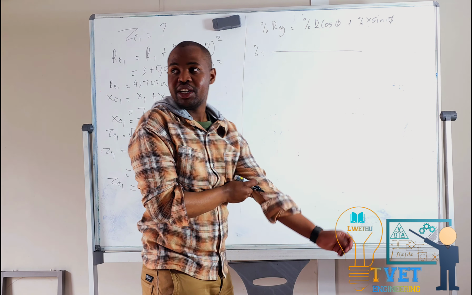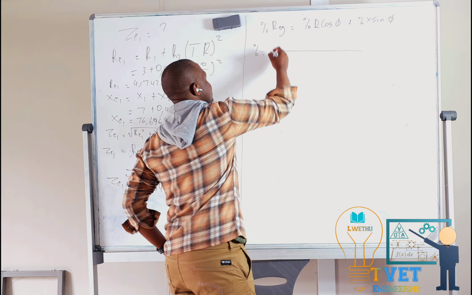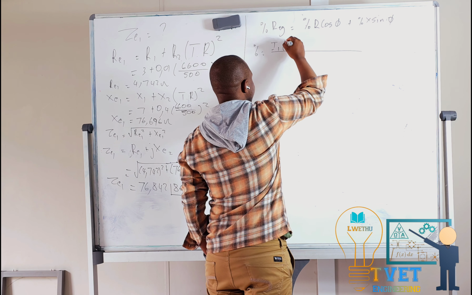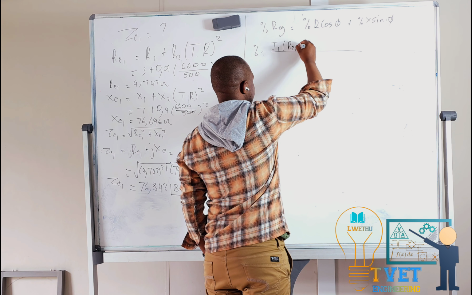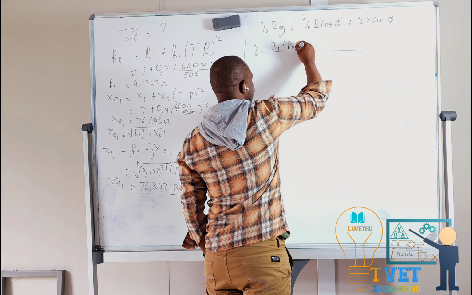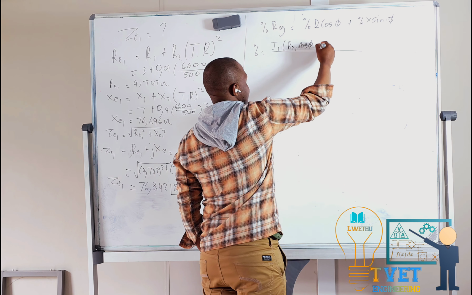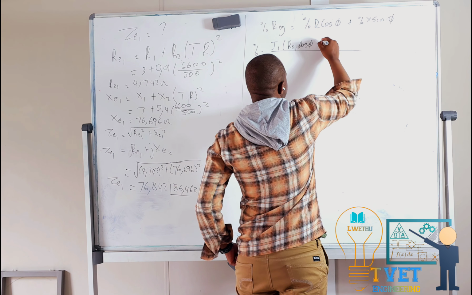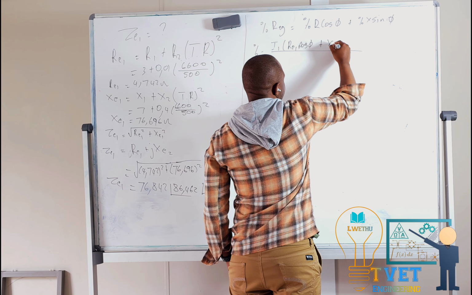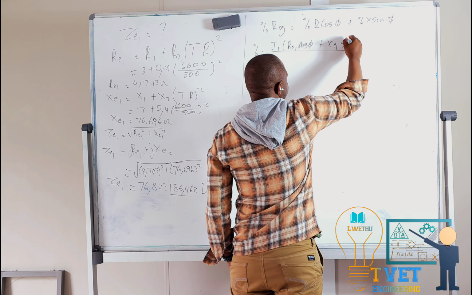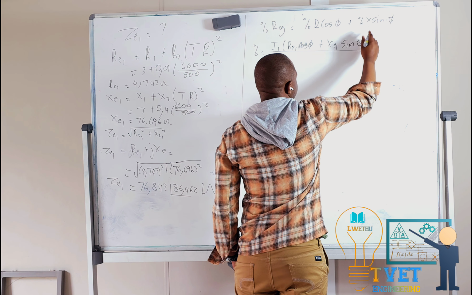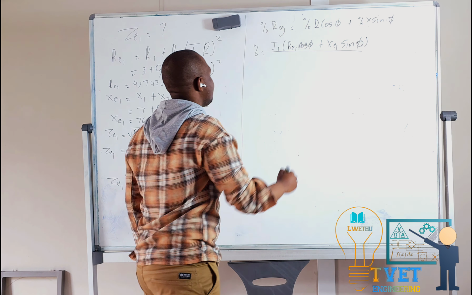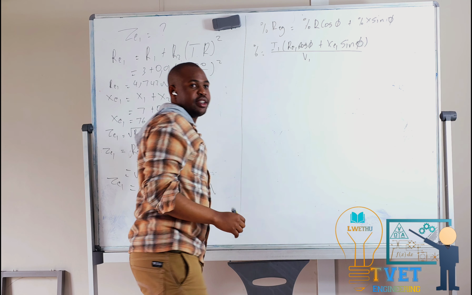It's in terms of the primary, so we say I1 times R equivalent 1 cosine theta plus I1 times X equivalent sine theta, because it is a lagging power factor we put a plus, then over V1.